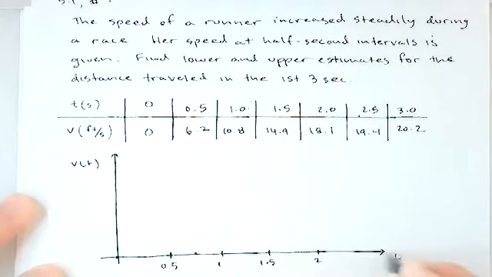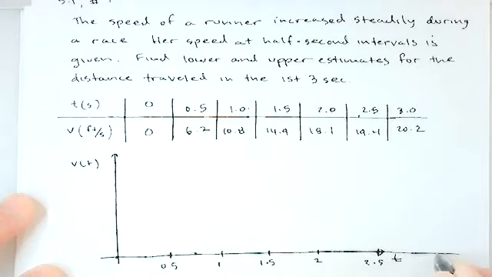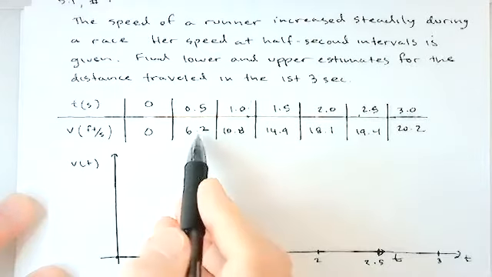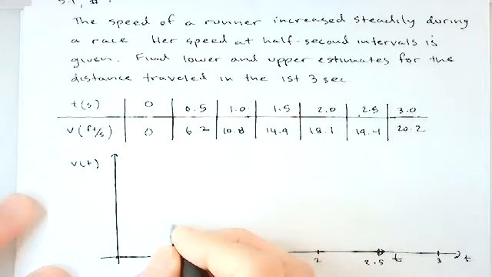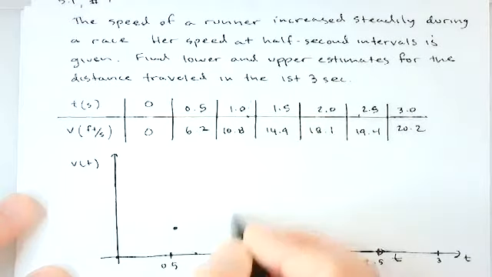Let's call this 2.5 and let's call this 3. But couldn't you imagine these velocities as little data points along the way? So I've got to keep track of my scale here. So let's say this is 6.2, 10.8.